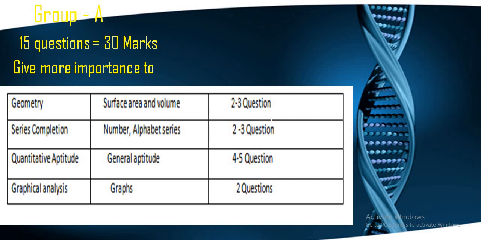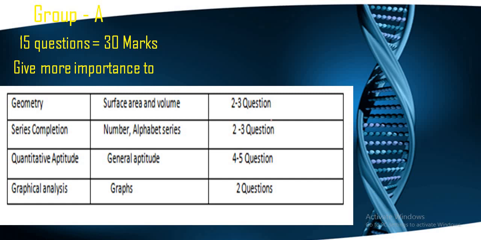Okay, I know you might be busy preparing for part C and part B, but for part A, I don't think you need to cover the entire thing. There are important parts: geometry, series completion, graphical analysis.